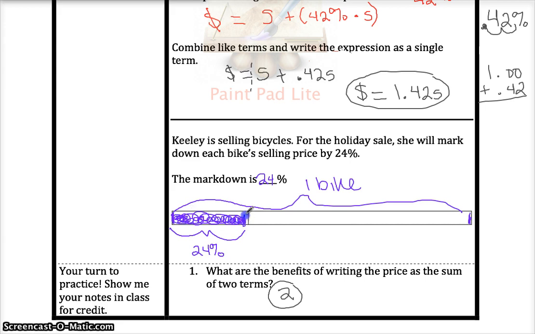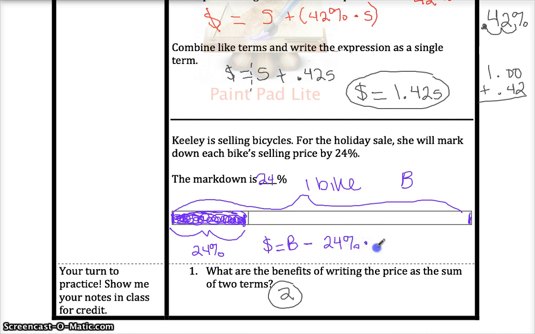This is the amount that we are taking off of the price of the bike, which we don't know. So for the price of the bike, I'm going to use the variable B, and I'm going to use a capital B. So we're going to have the price of the bike, the amount that we are going to pay as the customers, is going to be the price of the bike minus the price of the discount, which is 24% of the price of the bike.